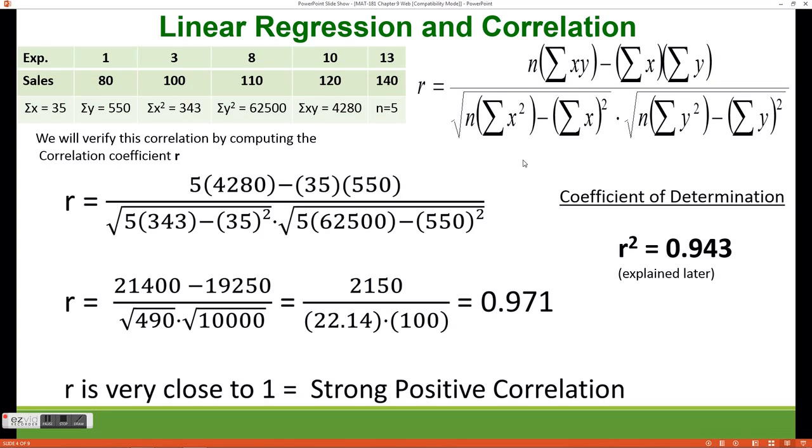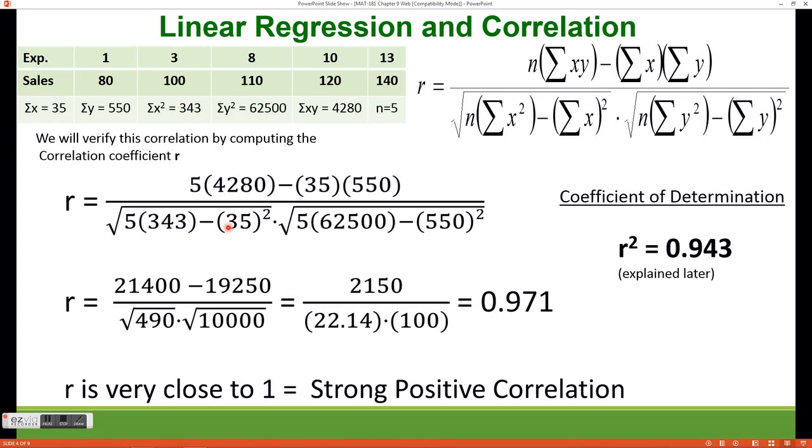The third part of the calculation is a little bit more tricky. I want to do n times the sum of x squared minus the sum of x's squared. These may seem familiar to you from the standard deviation formulas last week. I want to plug in those values from my table and make sure that I use order of operations.